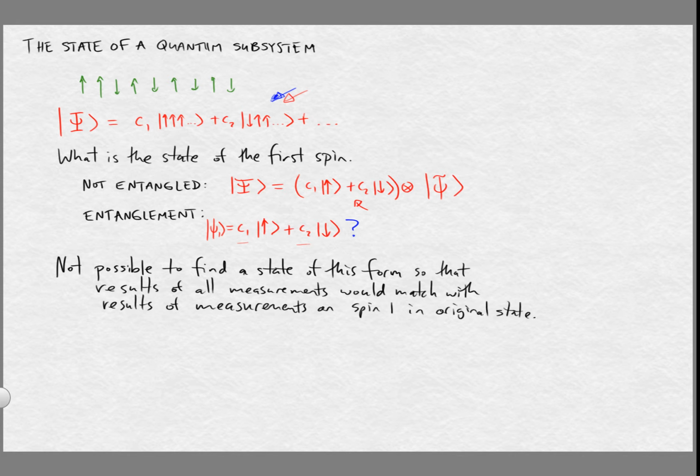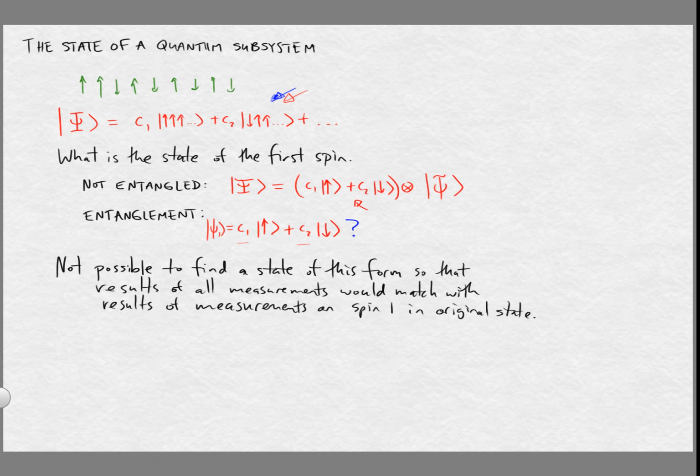So if you have an entangled state, then it's actually not possible to describe the state of the first spin in this conventional way that we think that we describe the states of a single spin. There's actually some more general way that we need to think about states in order to accomplish that.